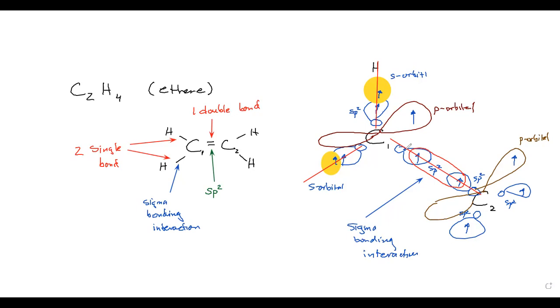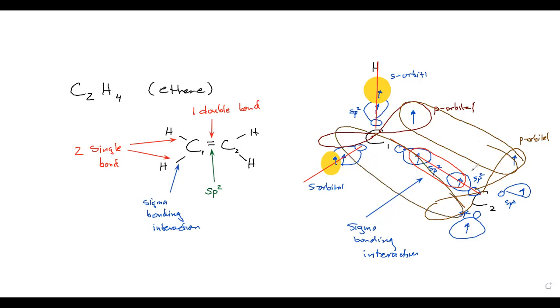And that leaves these 2 electrons here in the p orbitals. What's going to happen is that they will overlap in a side-by-side manner. If you notice, these 2 orbitals here are going to overlap in a side-by-side manner.